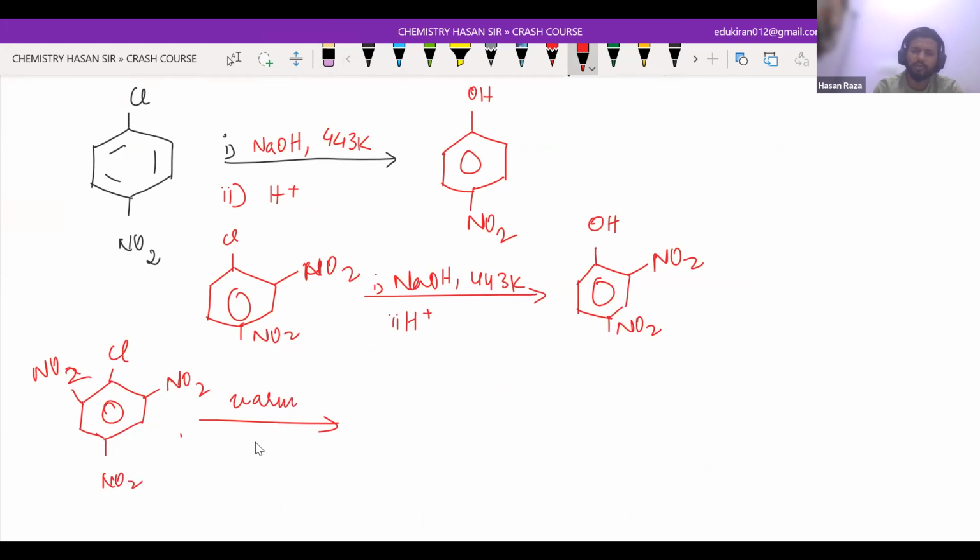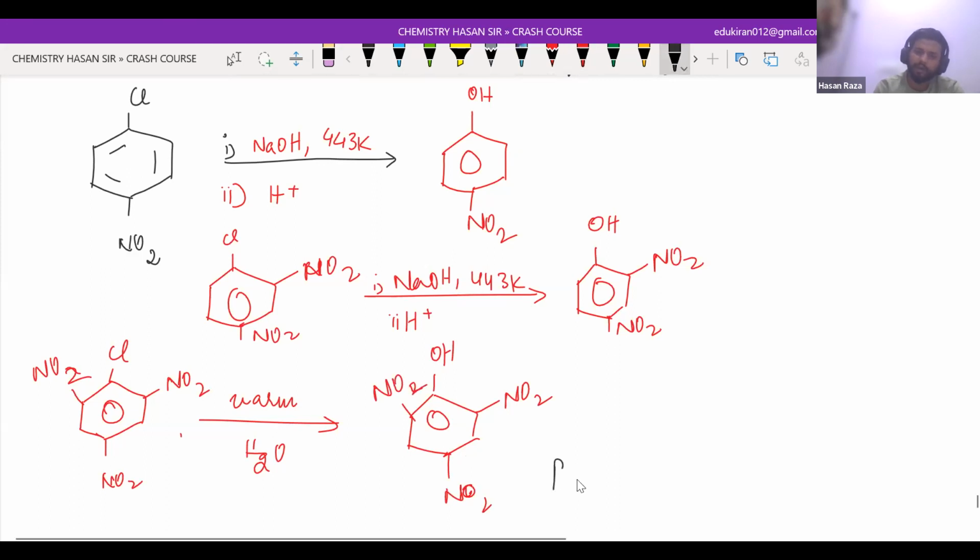If you pass this into warm water, then it will be converted into 2,4,6-trinitrophenol, and its common name, which is very important, is picric acid. So this is how we increase the rate of reaction of chlorobenzene or haloarene towards nucleophilic substitution reaction.